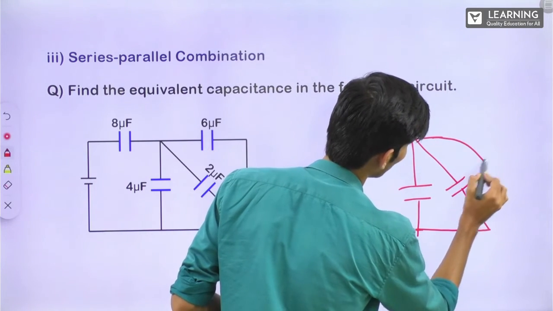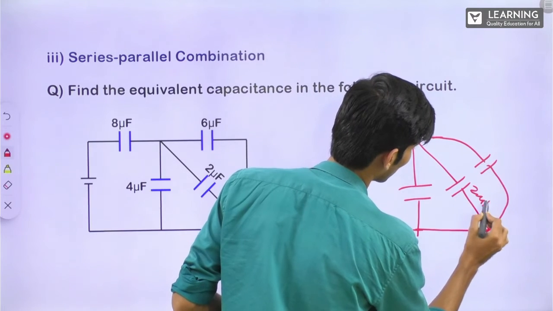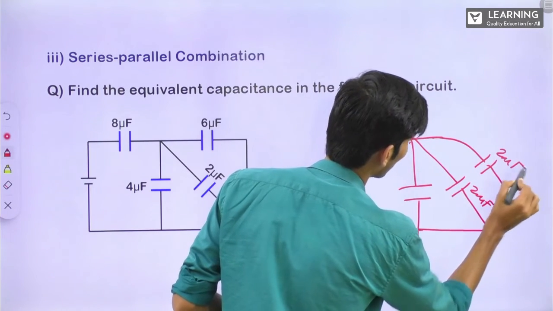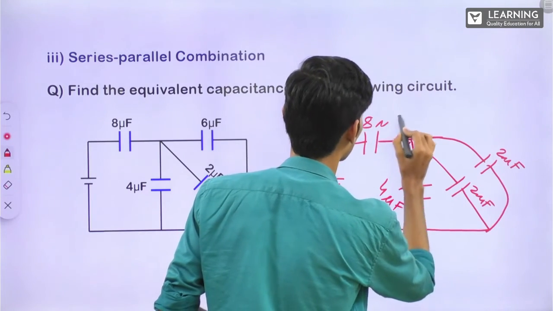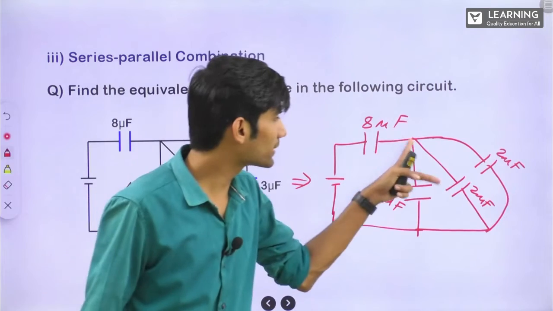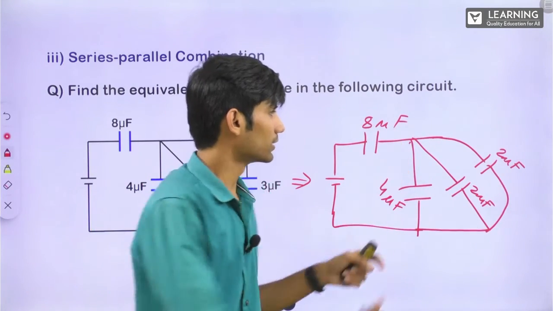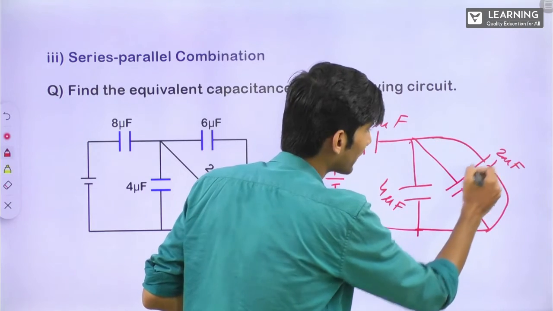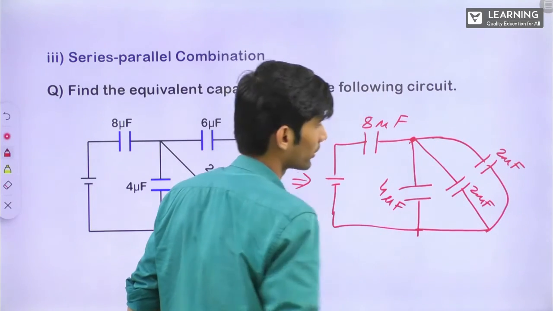This again is one more capacitor of 2 microfarad. This is 4 microfarad. This is 8 microfarad. Correct? Now see, if you see this terminal and this terminal, this plate of the battery and this plate of the capacitor, this plate of the capacitor are connected with the same point.